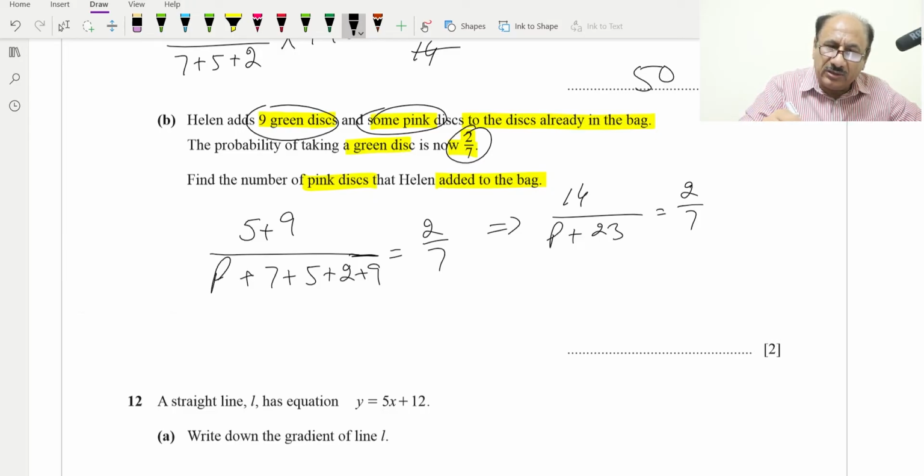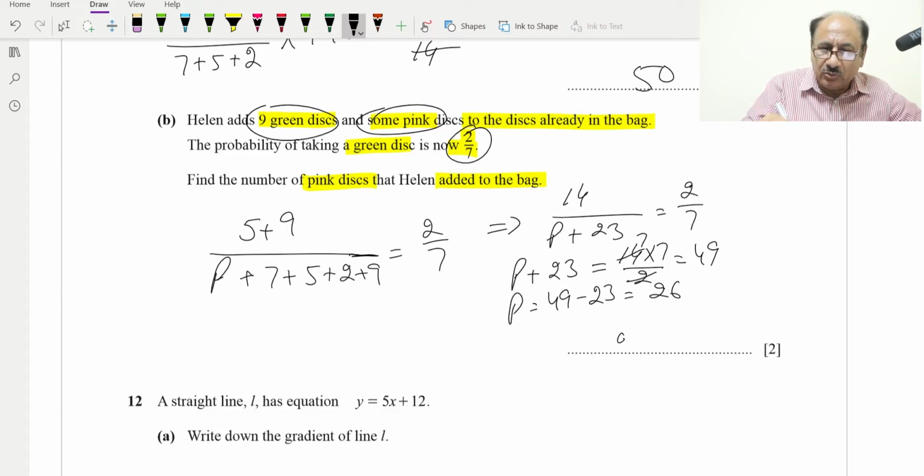Now we can cross multiply and solve. So p plus 23 is equal to 14 into 7 over 2, and this will be cancelled. This will be 7, which is equal to 49. So p is equal to 49 minus 23, which is equal to 26. So 26 will be our final answer.